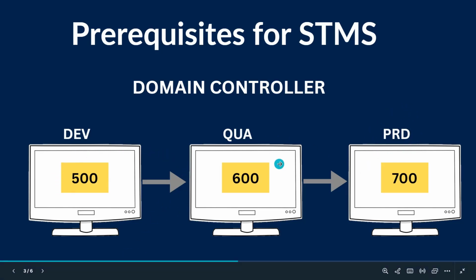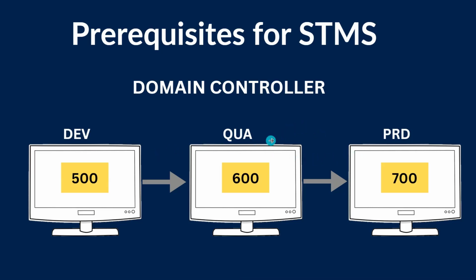Whether it is quality, sandbox testing, pre-production or development, the whole controlling is done by the production system. That is why most organizations go with the production system as their domain controller.